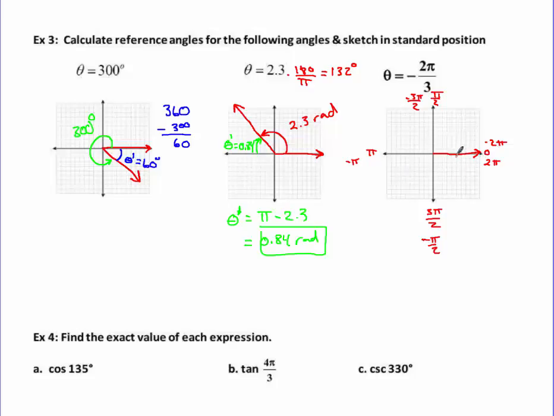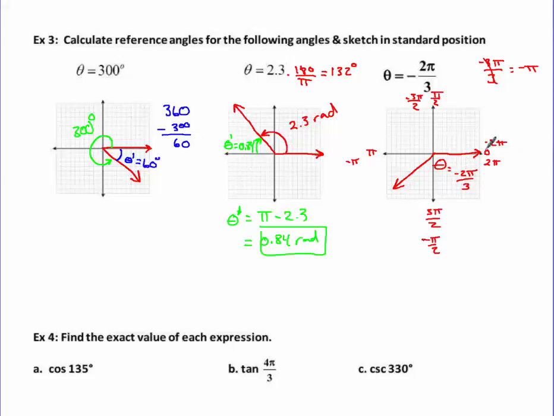If we went negative 3 pi over 3, that would just be negative pi. But we're not going quite that far. That would be all the way to here. So we're going just to here. So here is our theta, negative 2 pi over 3.